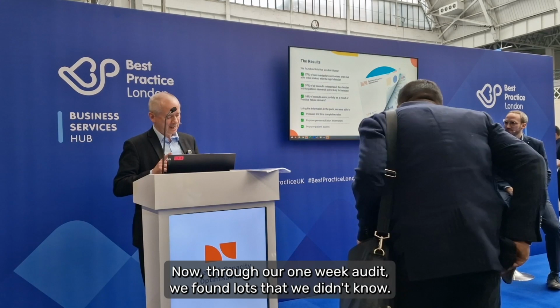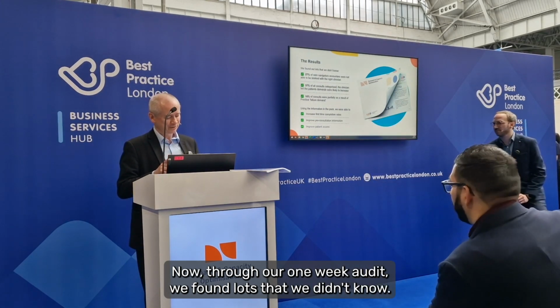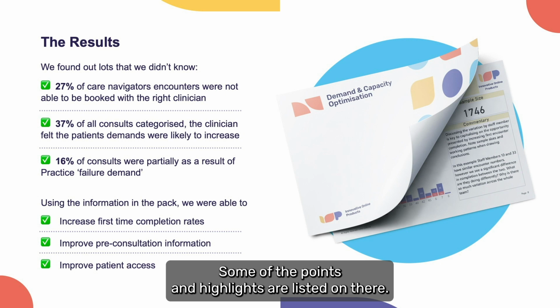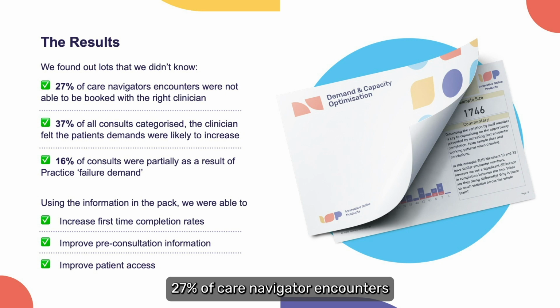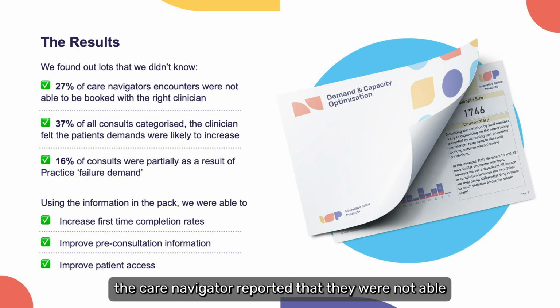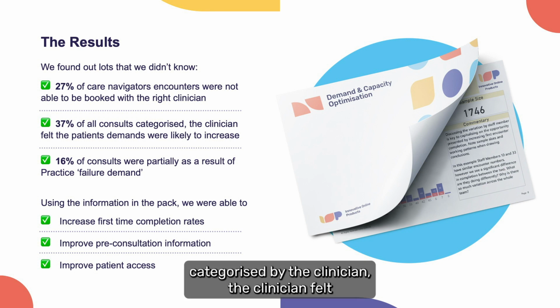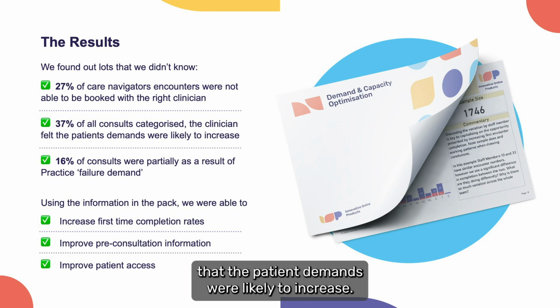Now, through our 1-week audit, we found lots that we didn't know. Some of the highlights are listed on there. In 27% of Care Navigator encounters, the Care Navigator reported that they were not able to book with the right clinician. In 37% of all consultations categorised by the clinician, they felt that the patient demands were likely to increase.